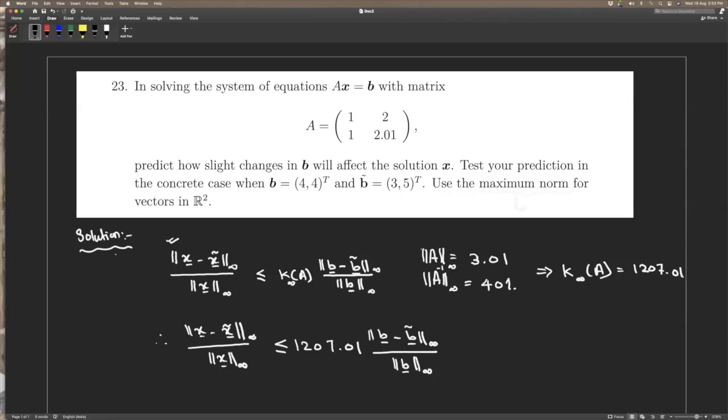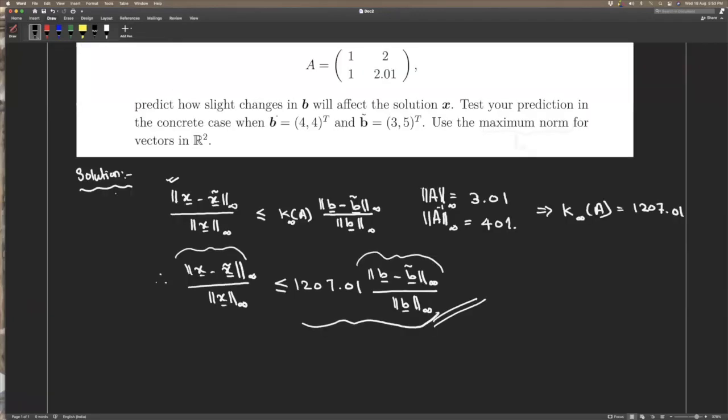So this is what we want to get. That is, predict how a slight change in b will affect the solution x. So it affects at most in this way. This is the maximum number that your relative error in the solution can have. That is the answer finally.